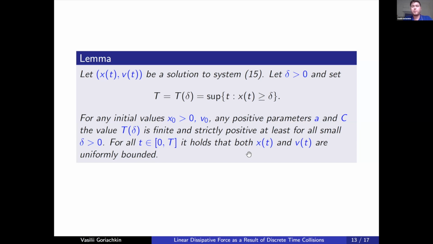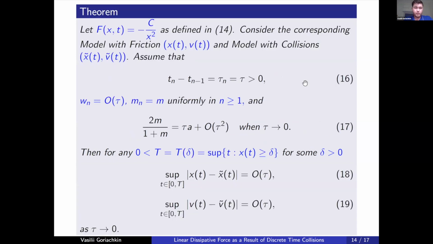According to this lemma, if x of t and v of t are uniformly bounded, we want to find properties when this model will be equivalent, but not in the asymptotic case. So not when t goes to infinity, but when t is between 0 and capital T, and when the time between collisions is small. Here we have the following theorem. We have the Coulomb potential, and the time between collisions is equal to tau, which is constant.